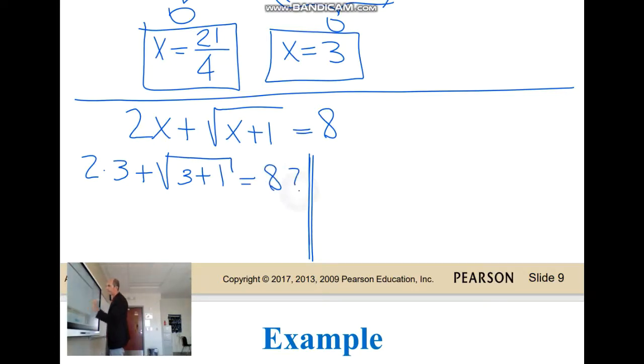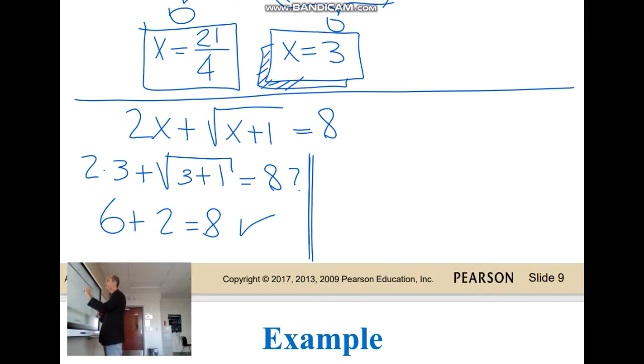Let's check if this is true. 2 times 3 is 6 plus square root of 3 plus 1 is the square root of 4, which is 2. Equals 8. And yes, this is true. That means x equals 3 is one solution for the original equation.